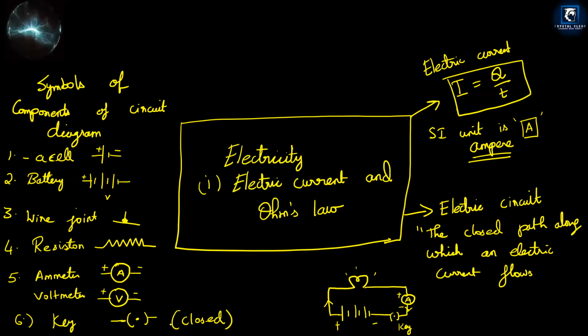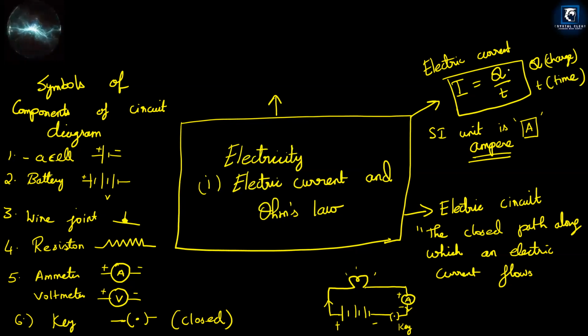Another one is Ohm's law. So we have completed something about the current. The very important thing, potential difference, we'll complete thoroughly, then we'll move on to Ohm's law. So I is equal to Q by T. I've given this for electric current, that is charge by time. Q is nothing but charge, and T is nothing but time.